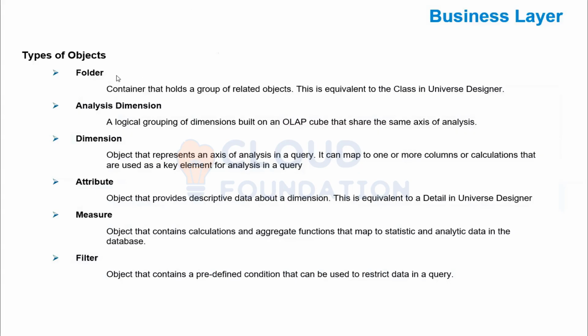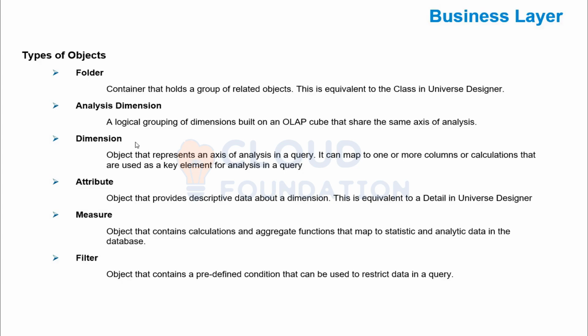All the time-related objects will be created under the folder of time period. This is a grouping of related objects. Similarly, we have other folders like product, under which we have all the objects related to product, like product ID, product code, product description. In a similar way, we will create others.